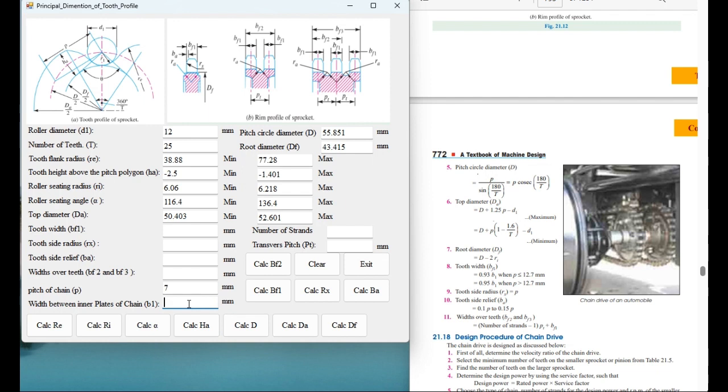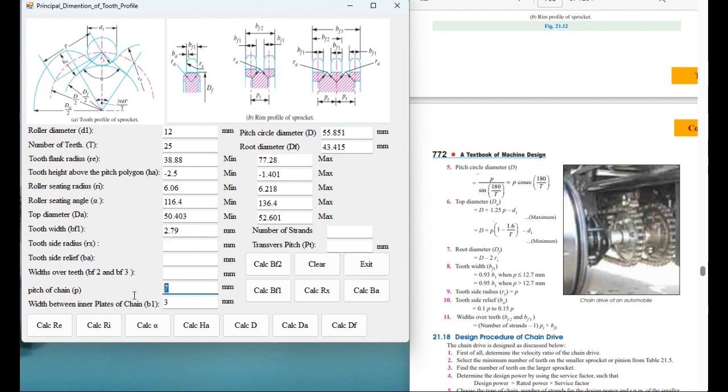For example, I would like to enter 3 and then calculate BF1. I have entered the value of B1 and I have already entered the value of P, so I can calculate BF1. Do you see here? The value of BF1 becomes 2.79.